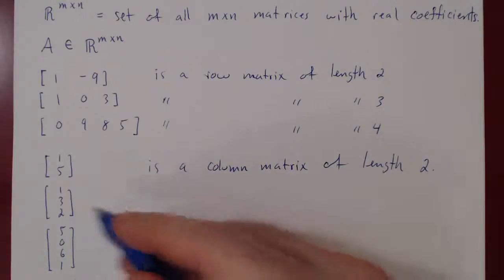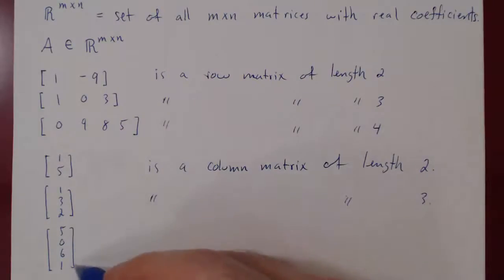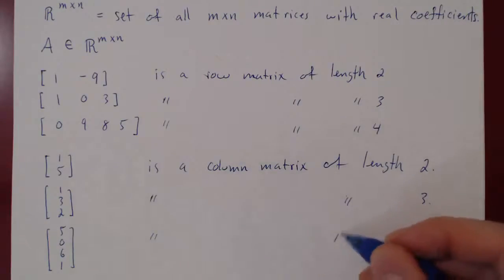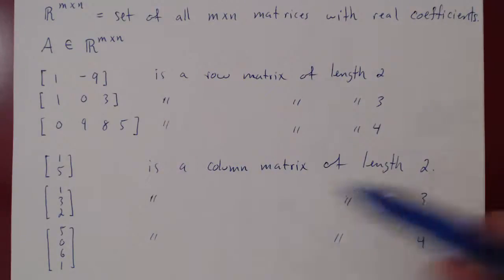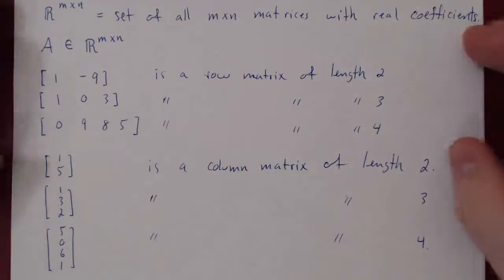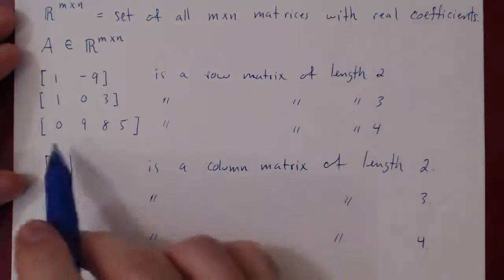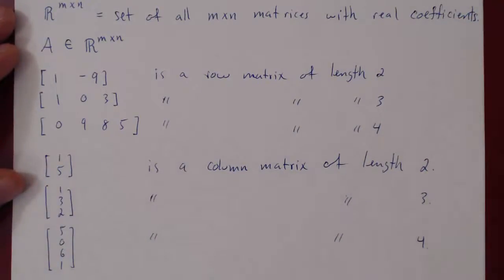Obviously, this is a column matrix of length 3. And this is a column matrix of length 4. So in general, if you have a column matrix of length n, it is a single column that contains n entries. And now, we will define matrix multiplication first between a row matrix and a column matrix.